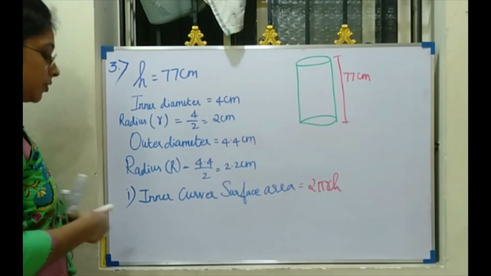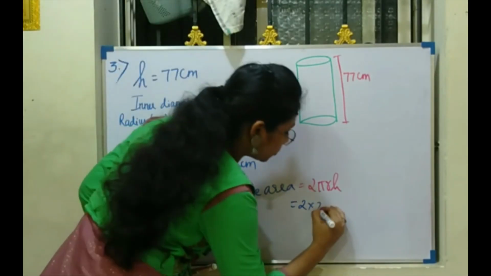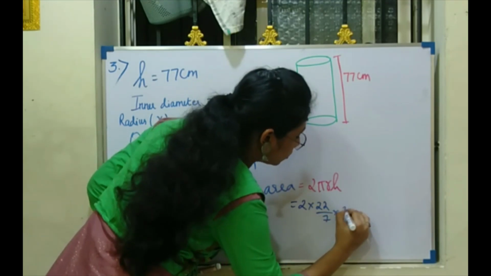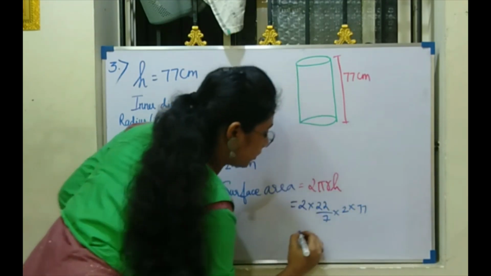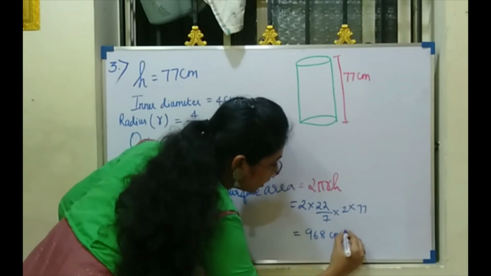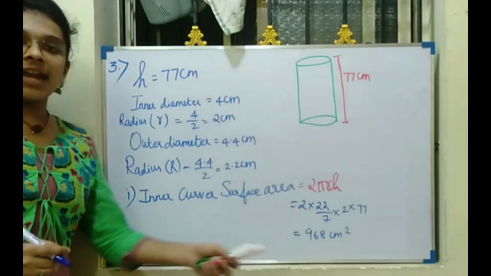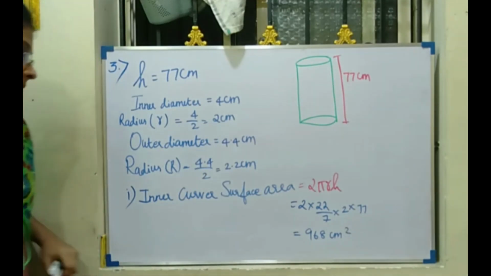Now we have to substitute the values. 2 into pi value is 22 by 7, r is 2 and h is 77. So the final answer will be 968 centimeter square. So the inner curved surface area will be 968 centimeter square.